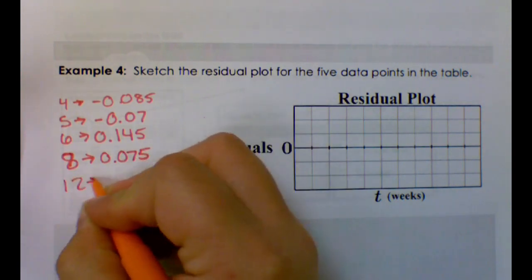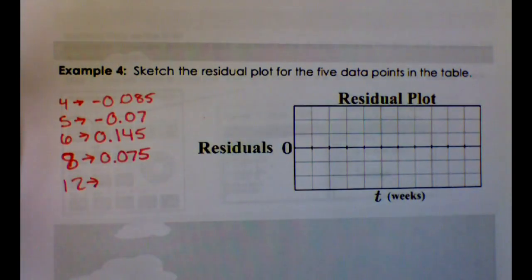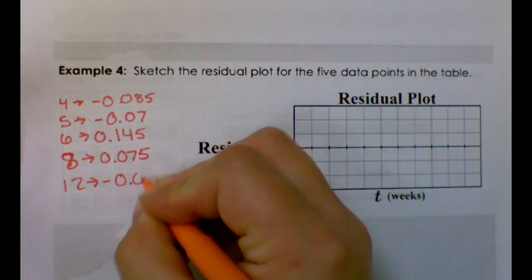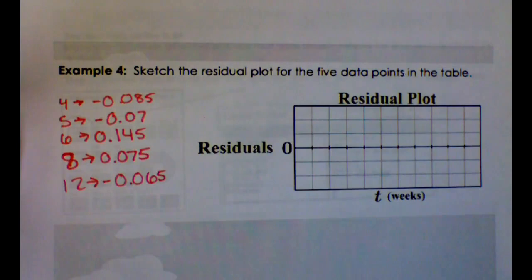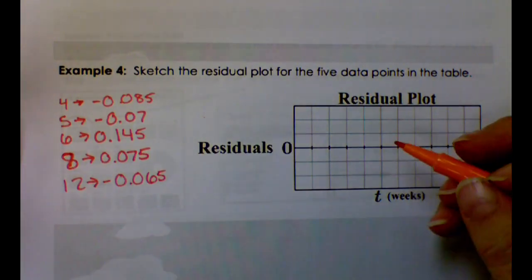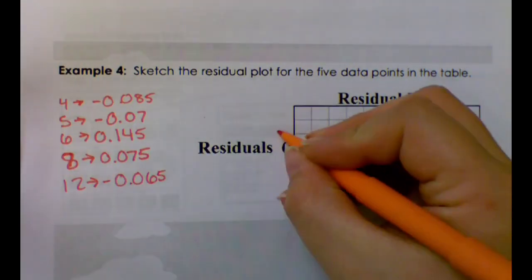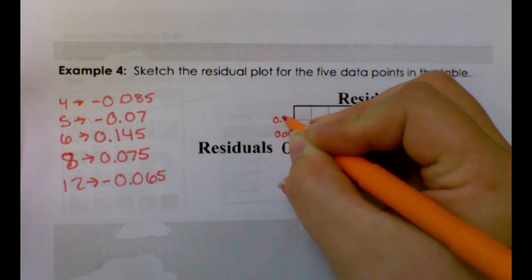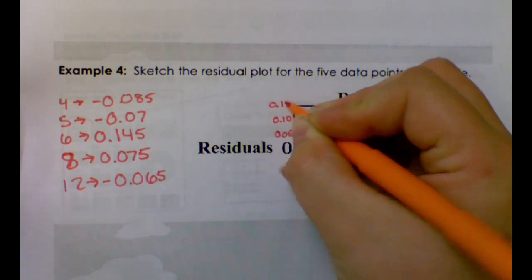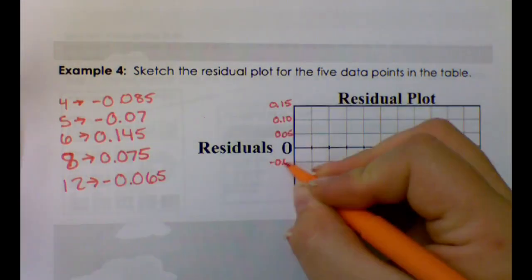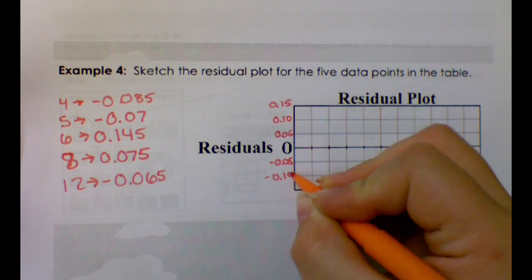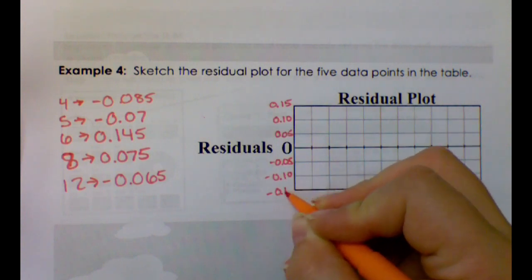And at 12 weeks, my actual minus my predicted at 12. So I see that my biggest value is 0.145. So I'm going to go 0.05, 0.1, 0.15. And negative 0.05, 0.1, and negative 0.15.